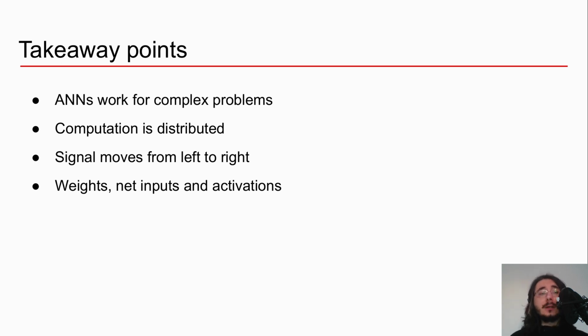And finally, I just want to reiterate the fact that the important elements of a computation in a neural network are the weights, which are represented with matrices, the net inputs, which are represented as row vectors, and activations, which again are represented as row vectors and are the outputs of a layer onto the next layer.